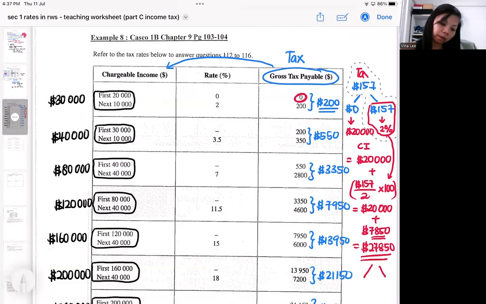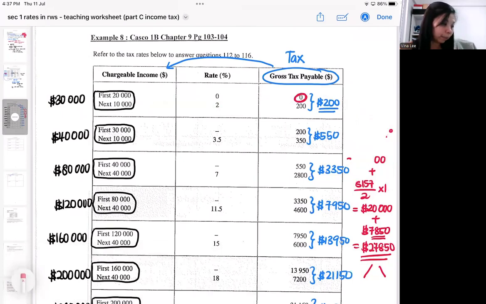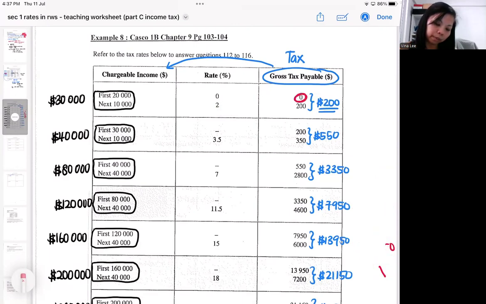Okay, let's look at the next number. I erase this one first. The next one is 2,370. If you look at part B, it's 2,370.